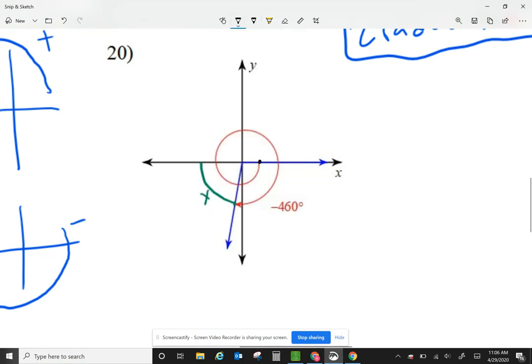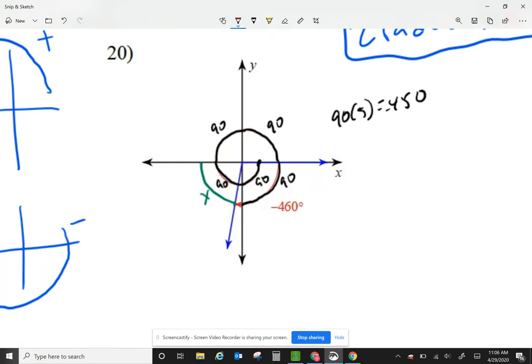Now let's see what I have. Let's see in black. I start here. The negative is just for me to know I'm going clockwise. But so far, that's 90. That's 90. That's another 90. That's another 90. And that's another 90. I have 5 90s. So I have 90 times 5 is 450. In this case, I'm thinking of negative just because I'm going clockwise. So in red, I was told that the whole thing is 460.